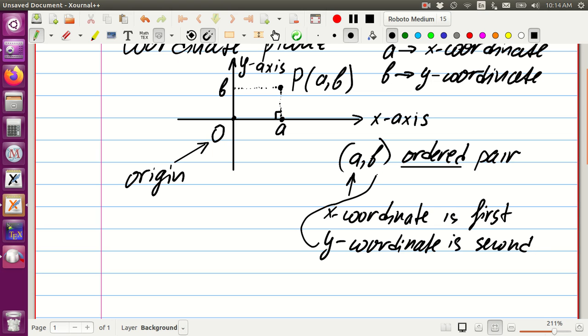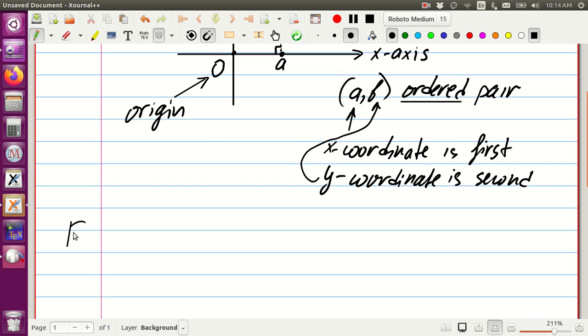Right, so this is the y-coordinate. So that's a relatively simple idea. So let's try to do a few examples.